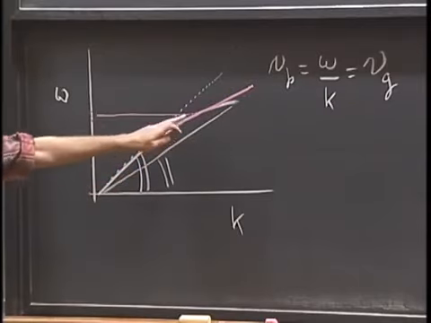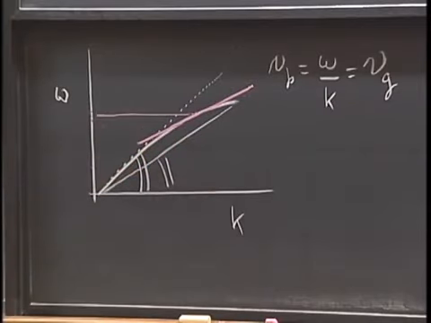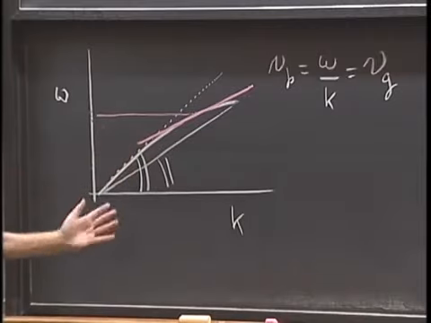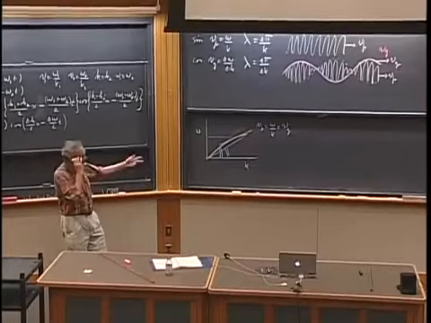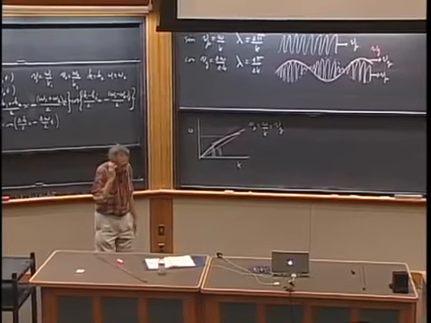And so you see that for all these points here, the group velocity is different from the phase velocity. The exact values of the phase velocity and the group velocity follow from the shape of that curve. So you have to know that curve, and that curve is called in general the dispersion relation. So any relation between omega and k gives the whole show away.